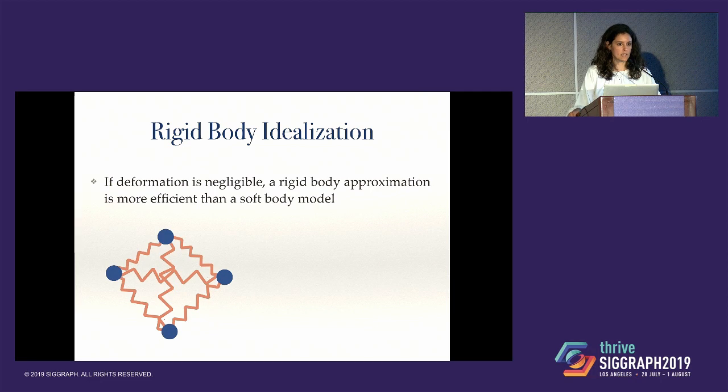So physically, nothing is completely rigid, because if we apply enough force, we'll cause it to deform and break. But visually, many times we're not interested in deformation. We're just interested in something and its rigid motion. So when the deformation is negligible, we can use a rigid body approximation.